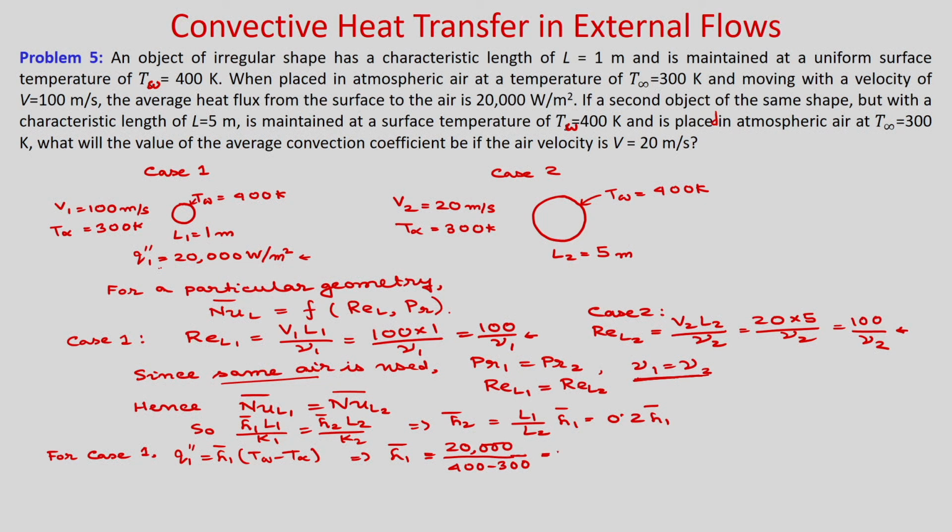So, it will be just 200 watt per meter square Kelvin. Once you know H1 bar, you will be able to calculate H2 bar for case 2, which is 0.2 into 200. So, it will be 40 watt per meter square Kelvin.